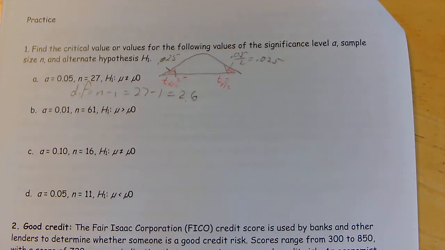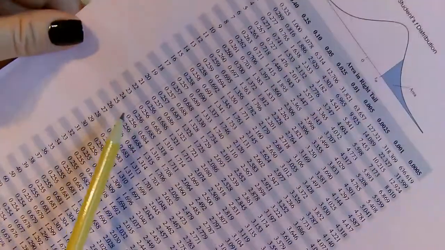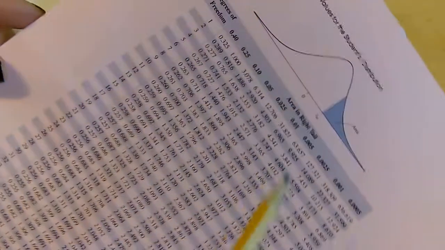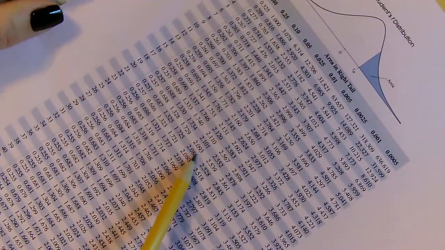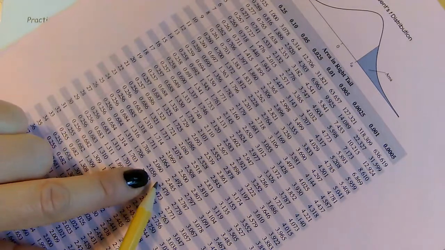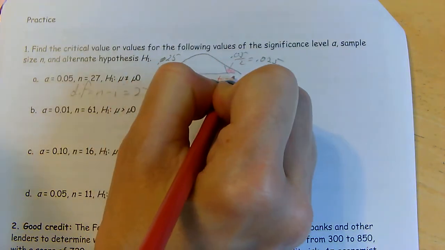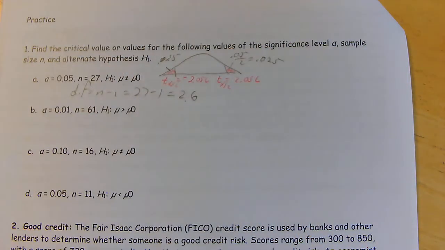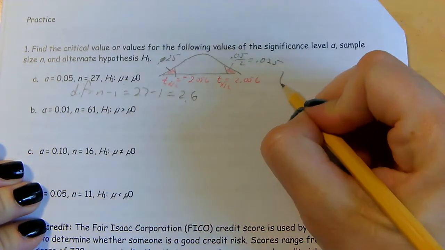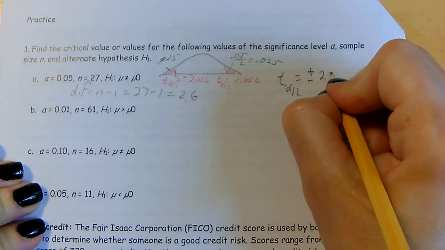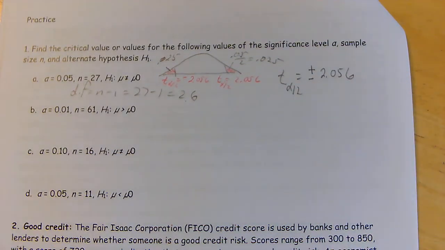So what I'm going to do is I'm going to go degrees of freedom 26, and I need to match that to the area in the right tail, which is going to be 0.025 after I split that in half. So 0.025 down to 26. 2.056. So the critical T value is both positive and negative 2.056 for that example.